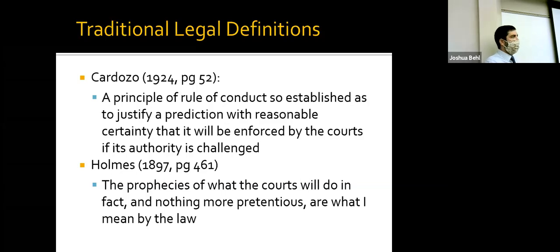Why is this definition unsatisfying? Is it unsatisfying?